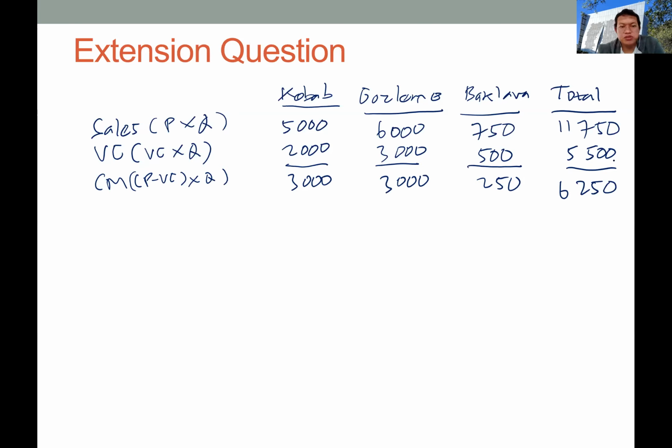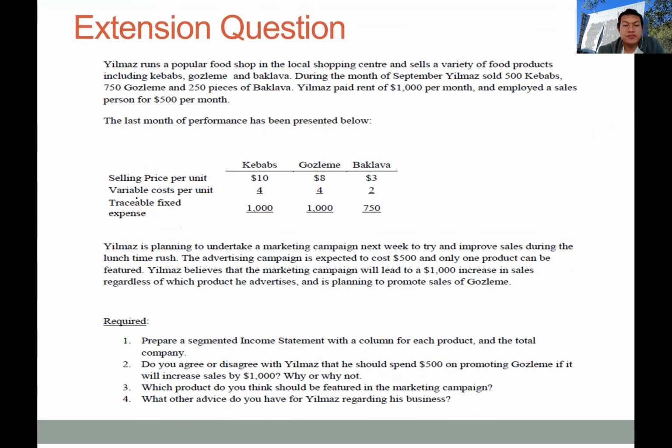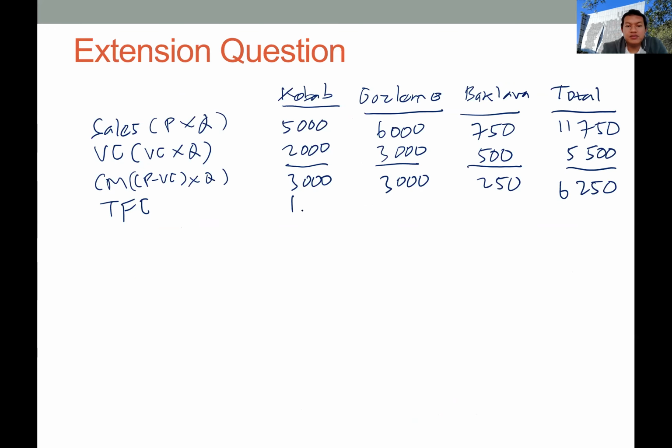Okay, so this is the contribution margin of each product. And then we deduct the traceable fixed costs. Okay, traceable fixed cost for kebab is 1,000, 1,000 for gozlimi, and 750 for baklava. In total, we get 2,750.